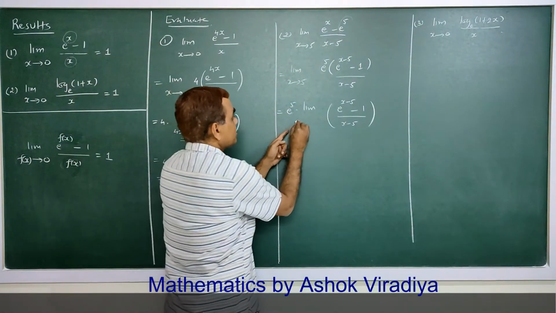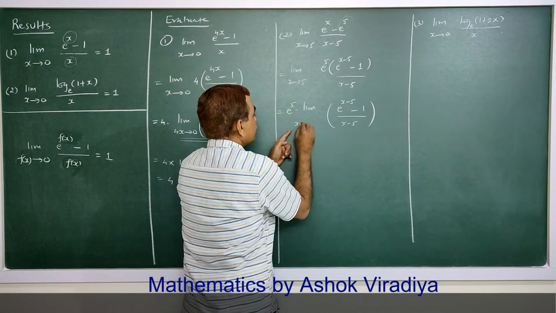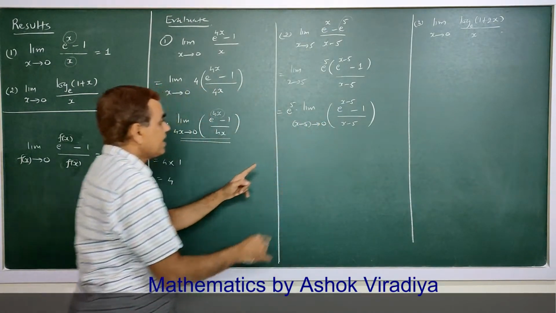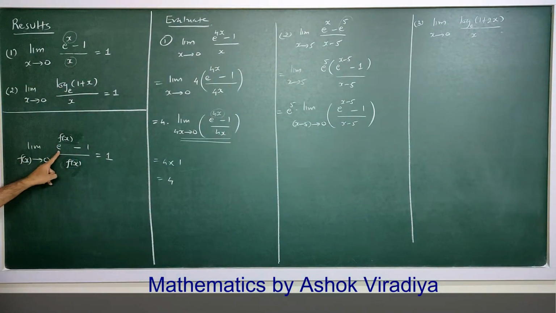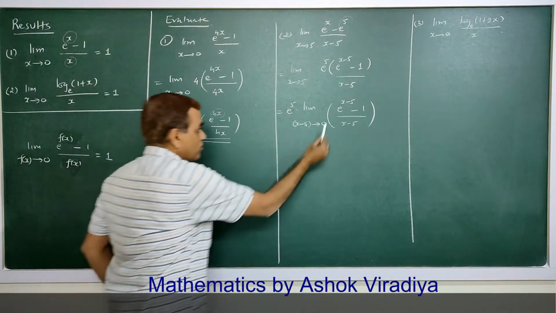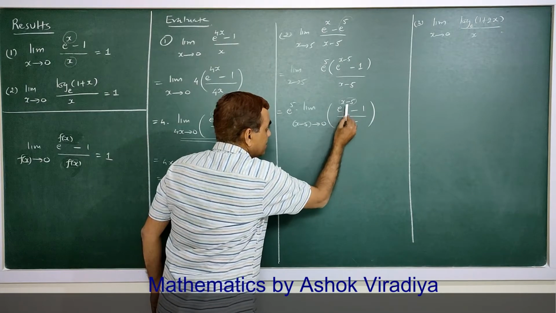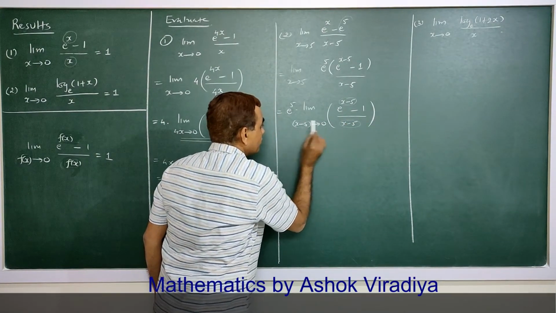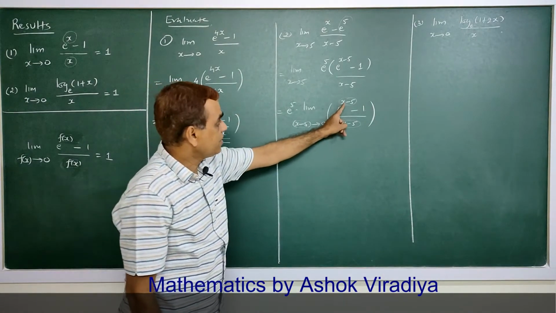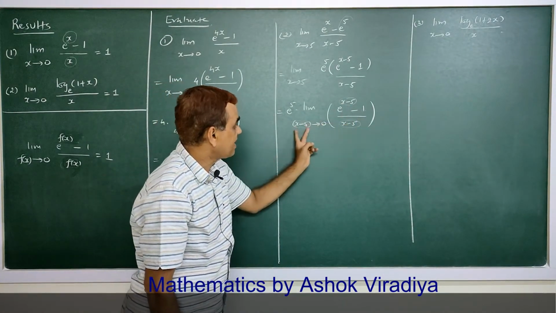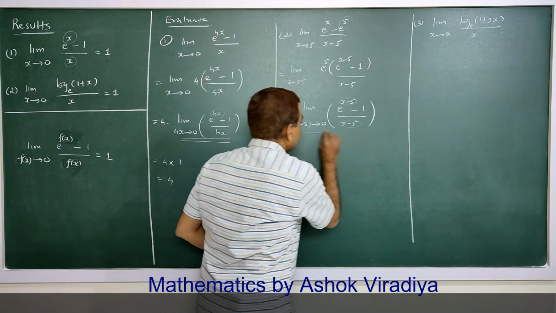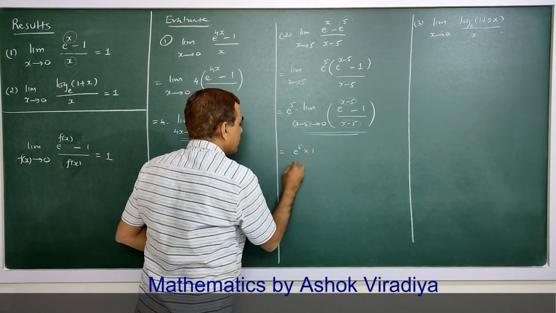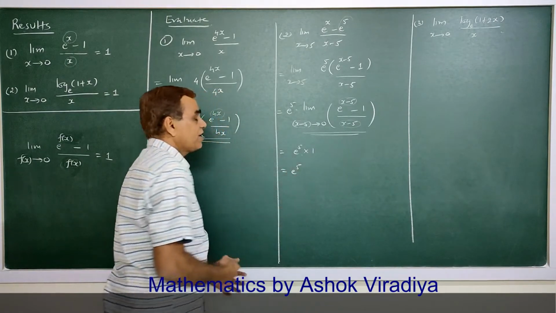So the difference tends to 0, and you can see that now the pattern is obtained: e raised to fx minus 1 upon fx, fx tends to 0. So this is 1. So e raised to 5 into 1 is e raised to 5.